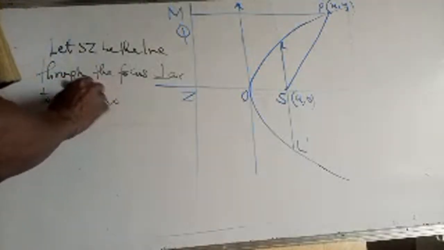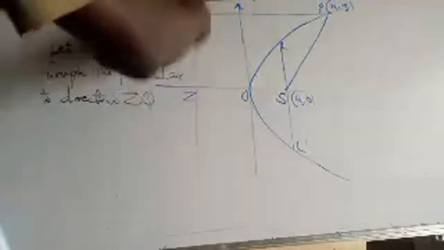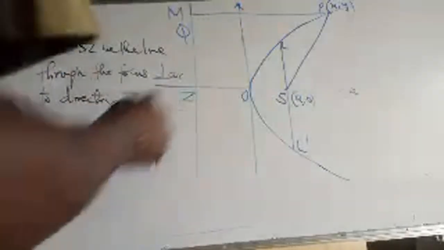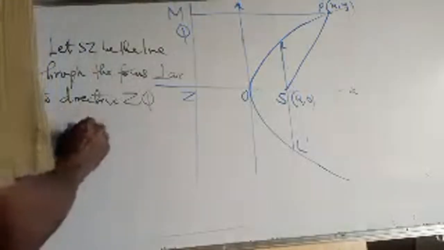The directrix is a line on the parabola. You can see that this directrix is perpendicular to the x-axis here. This is the x-axis, which you already know. So let SO be equal to OZ.